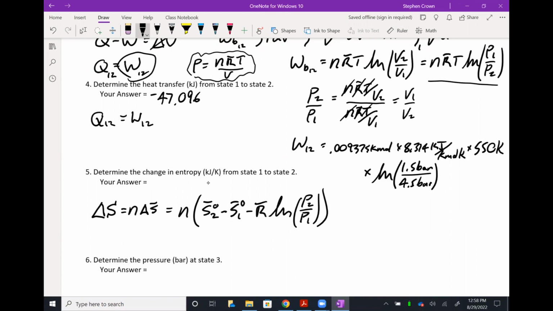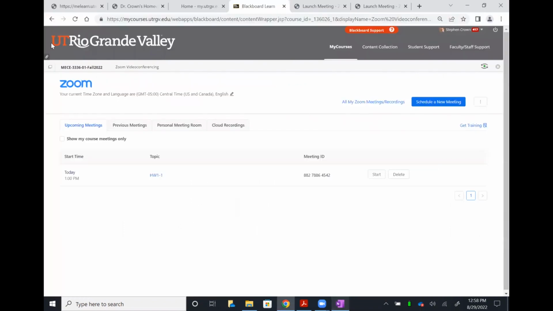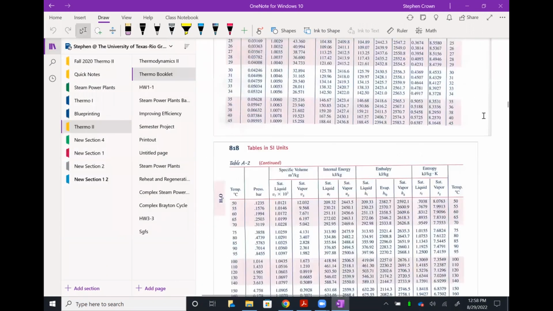Now when we go there, this will be S1 naught bar at T1, and this will be S2 naught bar at T2. When we look up those values in the tables, E23, it's way down here, we find that at 550 it's 223.576.